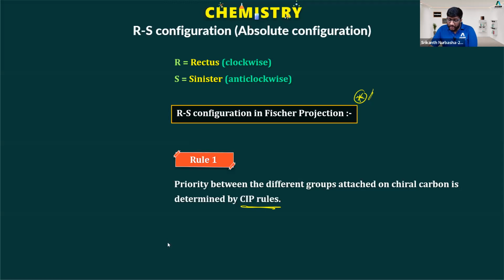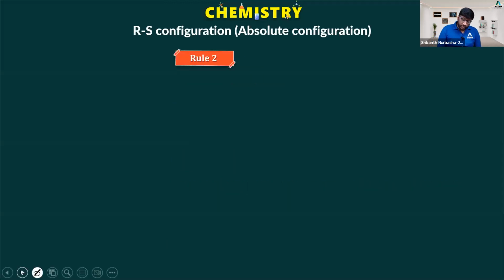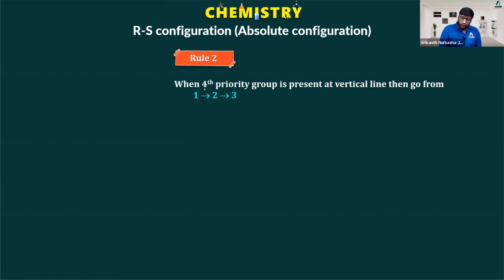Rule 2: if the fourth priority group is on the vertical line, then you are going from 1 to 2, 2 to 3 in the clockwise direction. Always remember, clockwise is said to be R configuration.